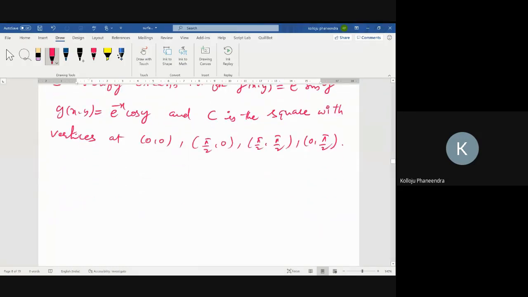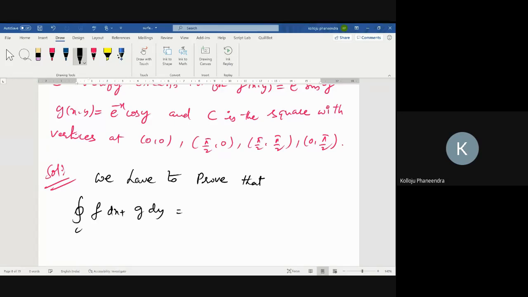Solution. We have to prove that. Verify Green's theorem means we have to prove that the circulation over C of f dx plus g dy is equal to the double integral over R of (dou g by dou x minus dou f by dou y) dx dy, equation 1.